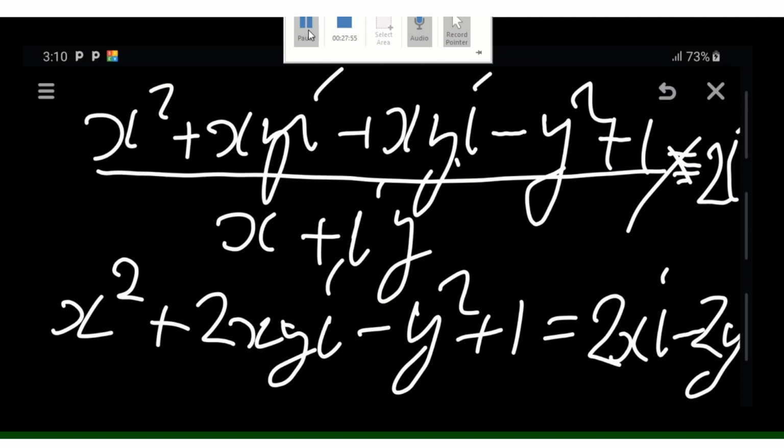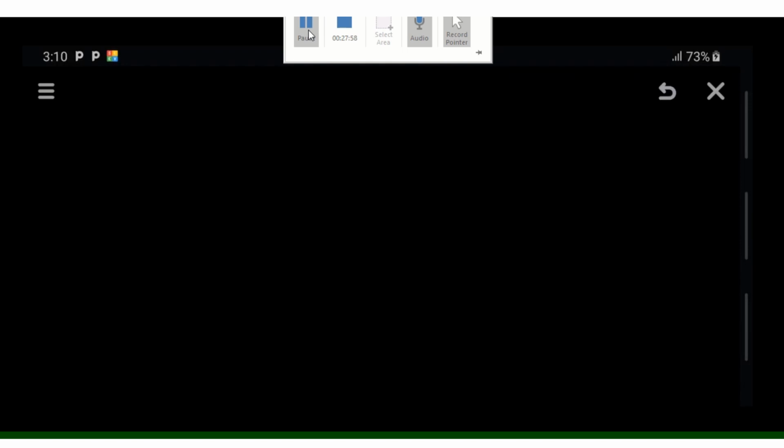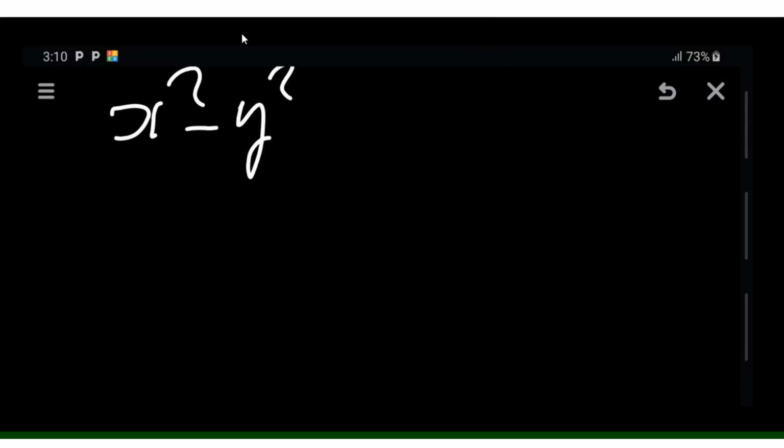Let's sample them. So I have my x squared as my real part and minus y squared as a real part, and also on that side I have minus 2y as a real part, and all those we are equating to 1.